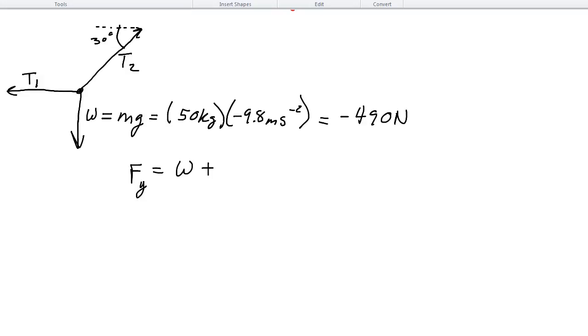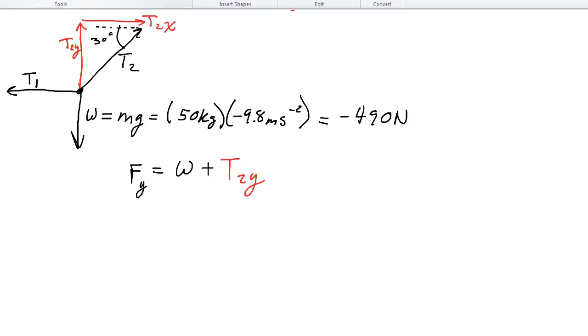T2 is pointing in both the x and the y direction, and so I can draw T2y, and I can draw T2x. Okay? And so I know that T2y is my vertical component of my tension 2, and that plus the weight is equal to the net force in the y direction.